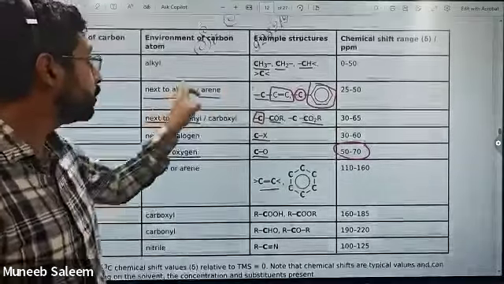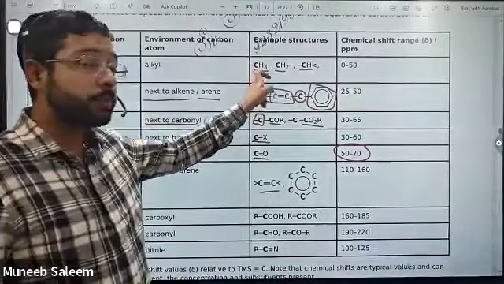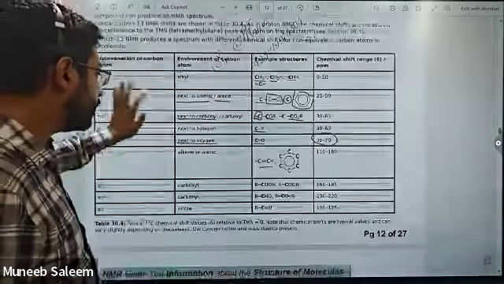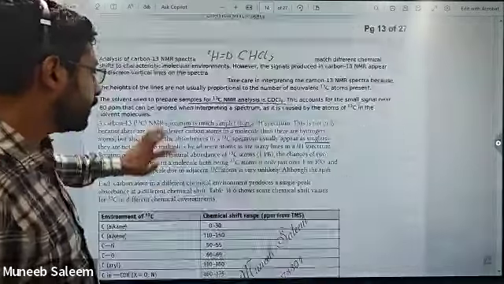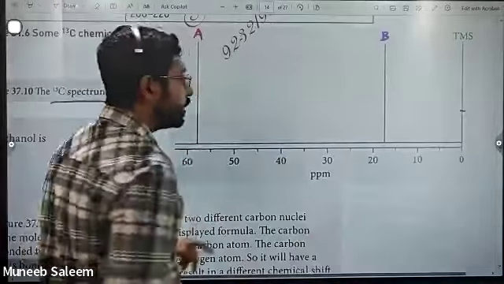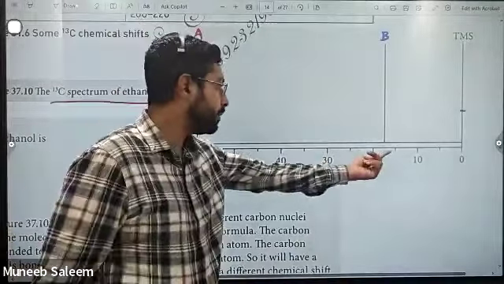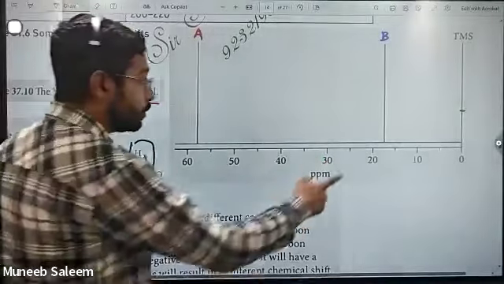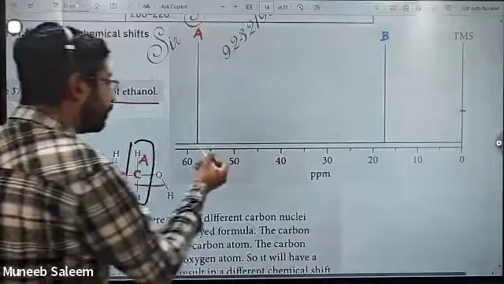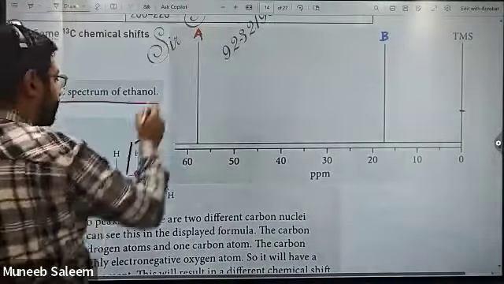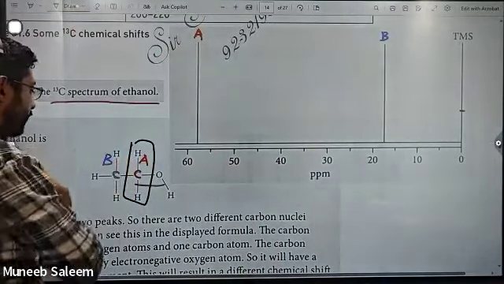So we consider it a carbon which is part of the alkyl group, so it is 0 to 50 ppm. If we go back over here, we see that the chemical shift value of peak B is between 0 to 50 ppm. That's why we say this is the carbon represented by peak B.